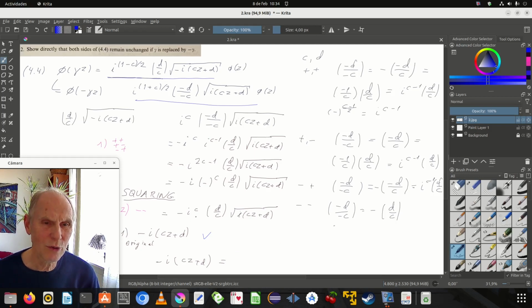In case 2, not quite. This squared gives minus to the cth times i cz plus d.